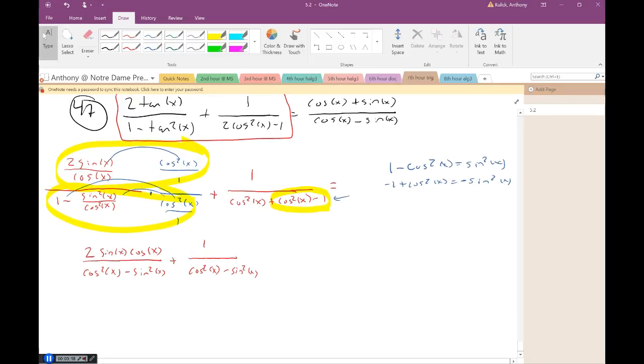Is everybody okay with that? You'll notice now we have common denominators, right? Oh, yay! So I can write the numerator as 2 sine times cosine plus 1, all over cosine squared minus sine squared.